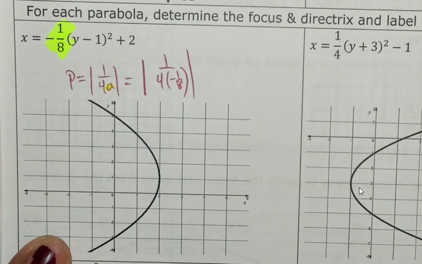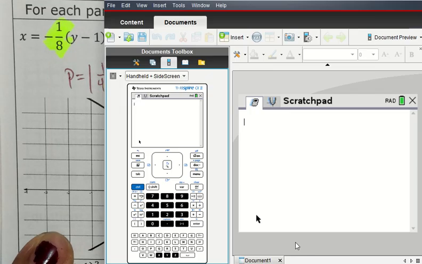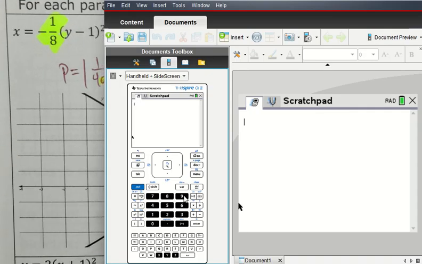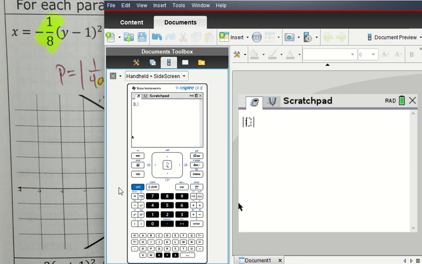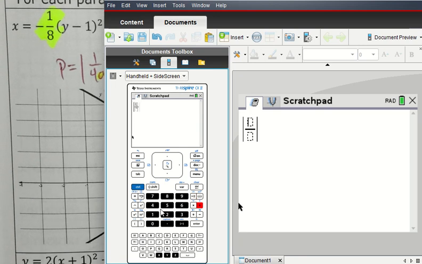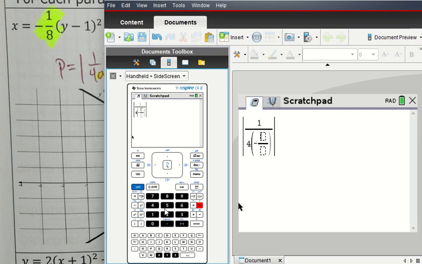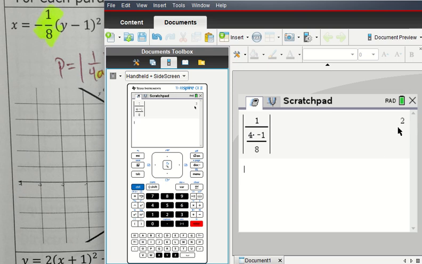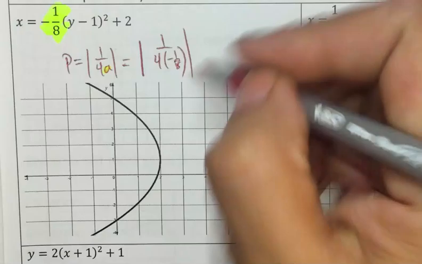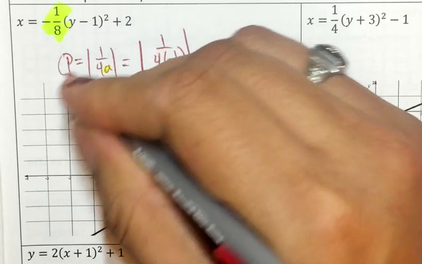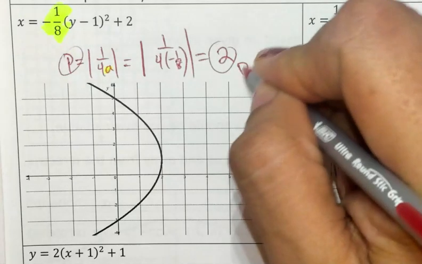And if we use the calculator just to speed things up, we're going to have absolute value, control divide, 1 over 4, parentheses, and we're going to do negative, control divide, 1 over 8. Enter, and the answer is 2. So this means that the p-value is 2. That's the distance.